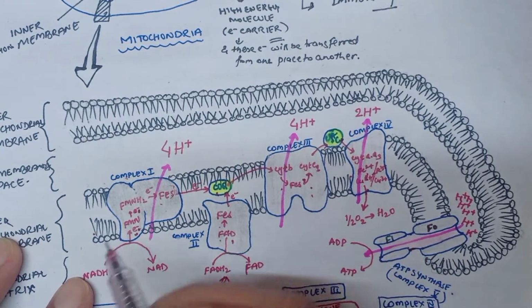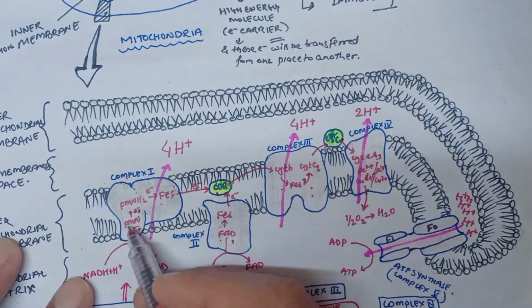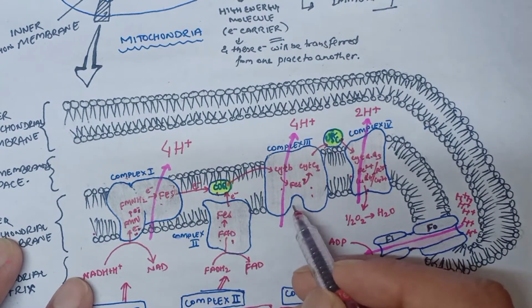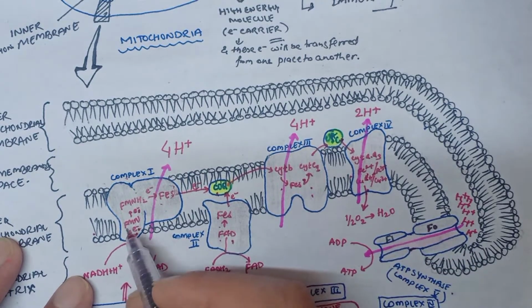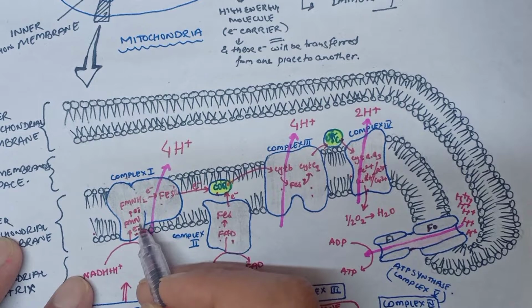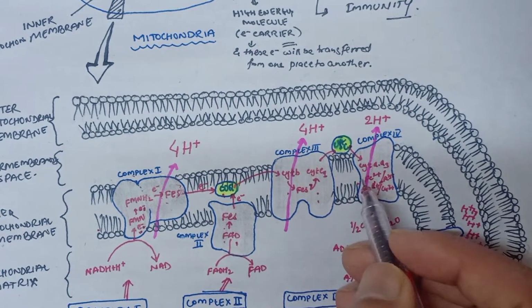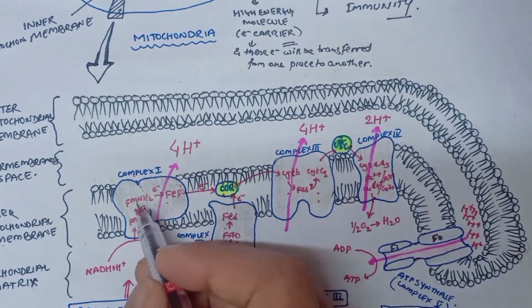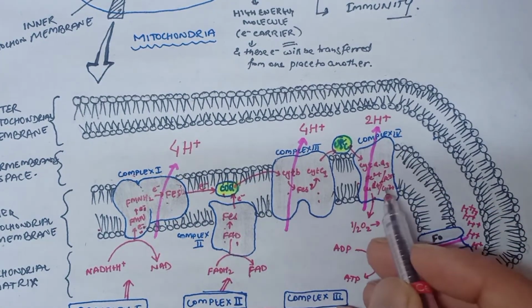Therefore, electron flows in only one direction from complex 1 to complex 4, because a redox couple with low redox potential is considered to be a better electron donor, and those with higher redox potential are better electron acceptors. So they are electron donors and these are electron acceptors.